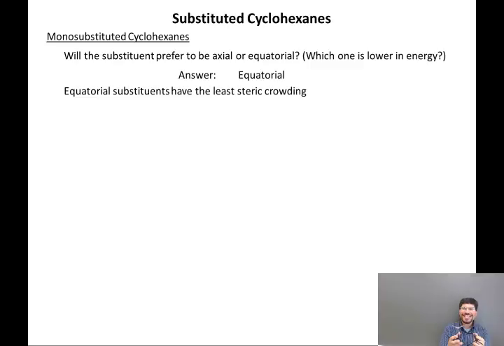But realistically, it's not out of the way of everything else. What it is close to are the hydrogens two carbons away.